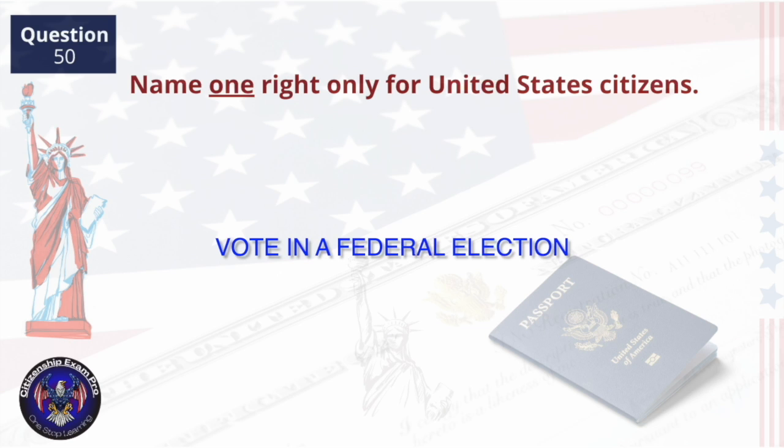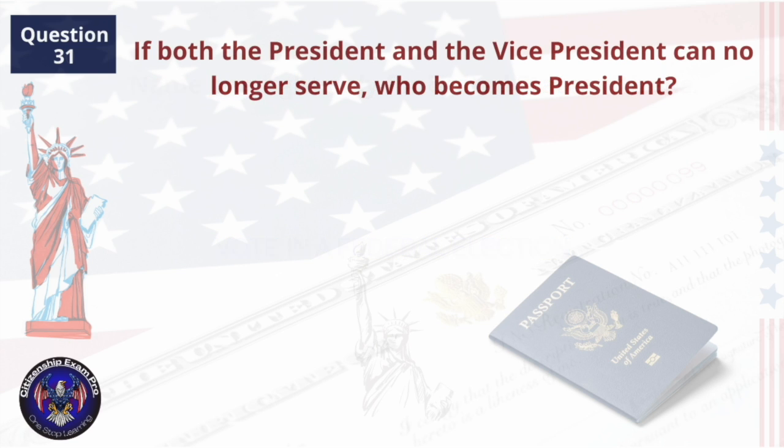Vote in a federal election. If both the president and the vice president can no longer serve, who becomes president? The Speaker of the House.